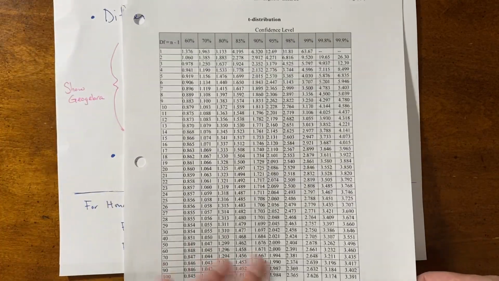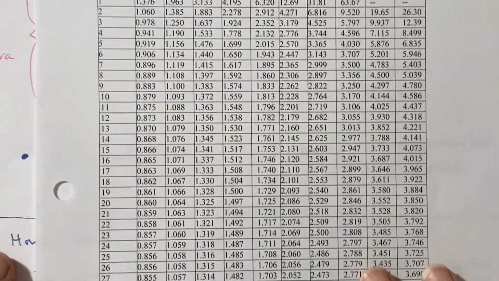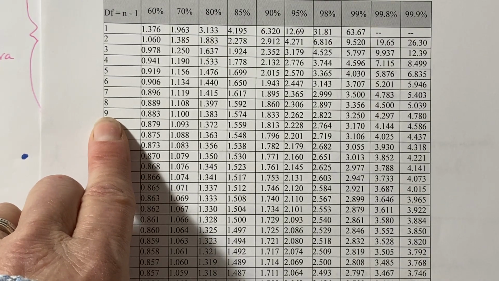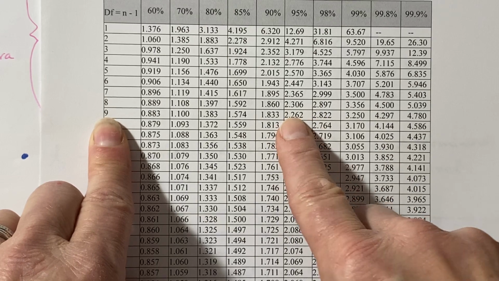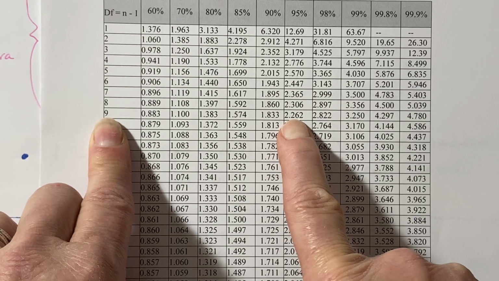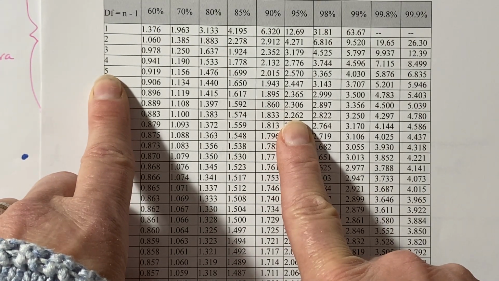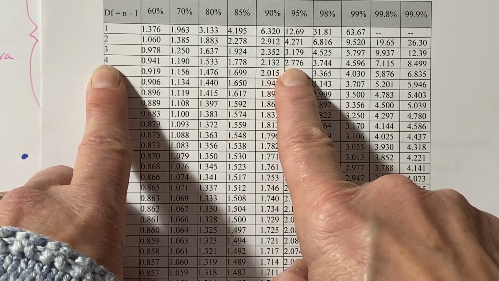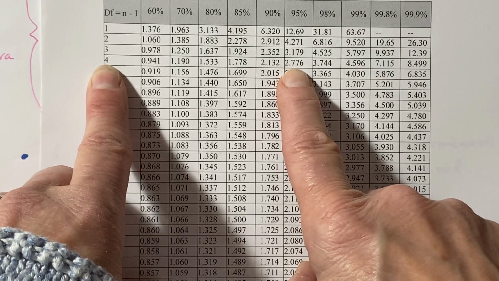So again, if I had a sample of size 10, I would have 9 degrees of freedom. If my sample size was 10, this would be the multiplier I would use for 95%, 2.262. If I had a sample of size 5, then I would use the 4 degrees of freedom, and my multiplier for a 95% confidence interval would be 2.776.